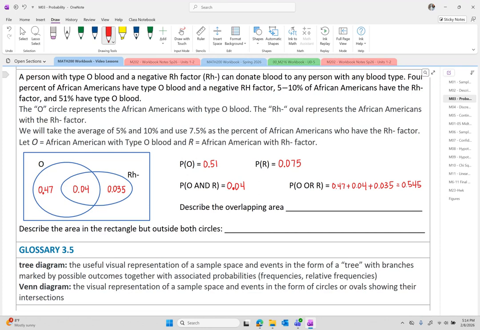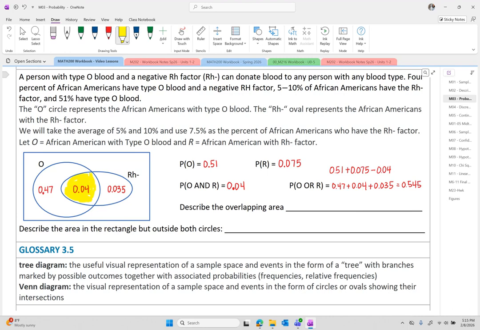Or we could also do it as adding the 0.51, which is the probability of O, plus the 0.075, which is the probability of the negative factor, and subtracting the common ones that we double counted, the 0.04. And that would also be 0.545.